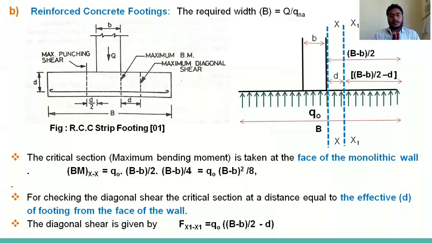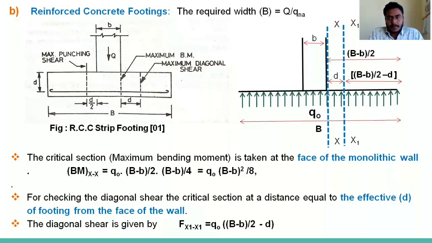We are calculating the shear force. Whatever the shear force is at the x1 axis will be the diagonal shear, and that will be the critical shear. So we just multiply the distance with the UDL loading, right? So q naught into (B minus b) by 2 minus d. That will give us the diagonal shear.